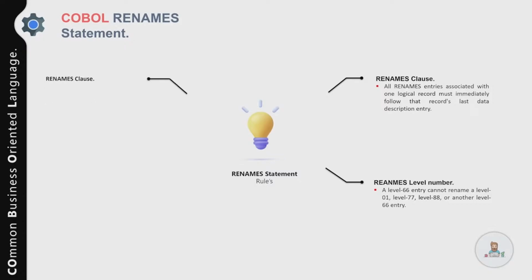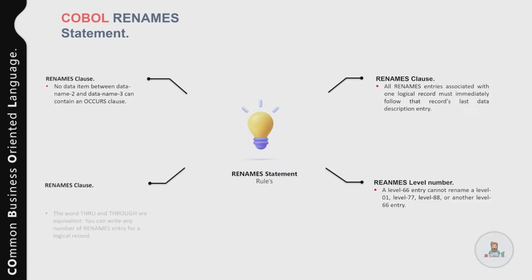Next one is no data item between data name 2 and data name 3 can contain an occurs clause. And the last one is the abbreviation thru and the actual word through are equivalent, and you can write any number of rename entries for a logical record.